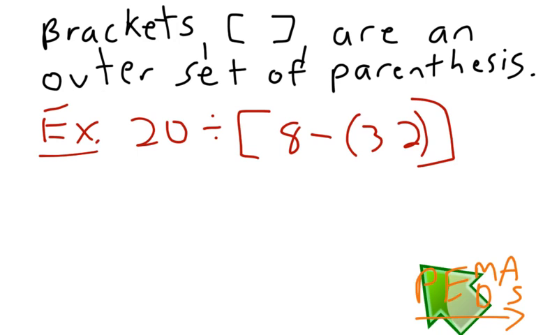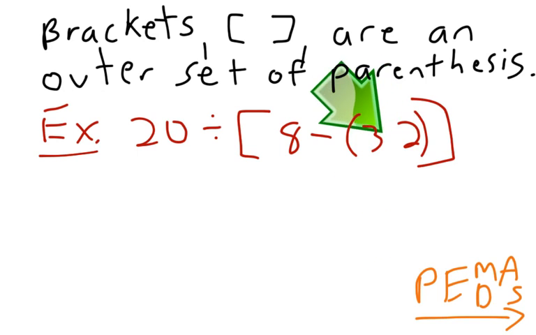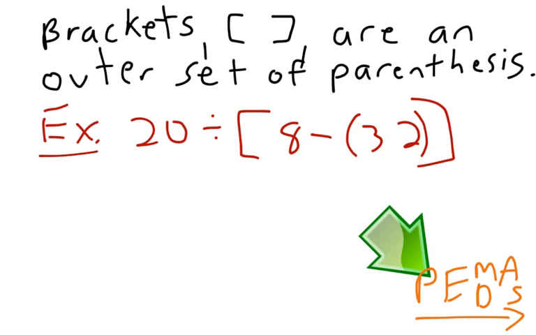Why do parentheses first? So I'm going to go ahead and do the 3 times 2 first, because parentheses comes first. So 3 times 2 gives me 6. I'm going to bring down everything else, so it's 8 minus 6 brackets, and 20 divided by.